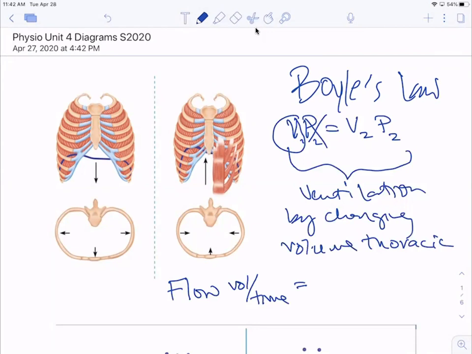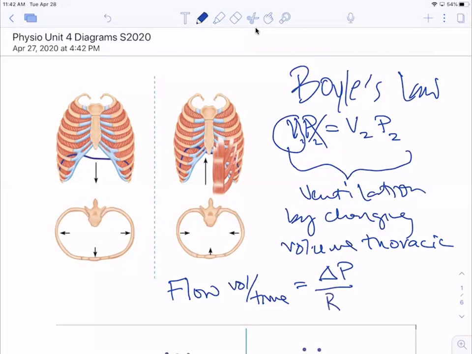And as things move from high to low, you're trying to make the intra-alveolar pressure lower than atmosphere to bring air in, and then making the intra-alveolar pressure greater than atmosphere to drive air out. And so this is what is referred to as the pressure difference.